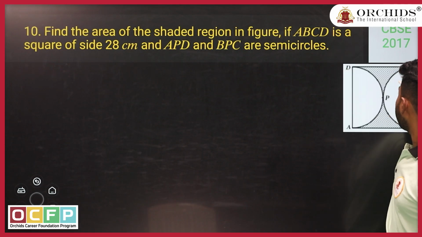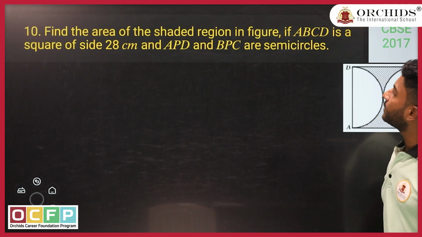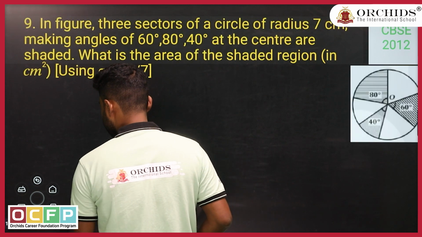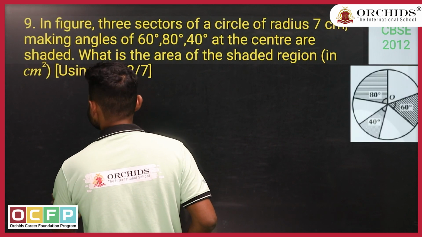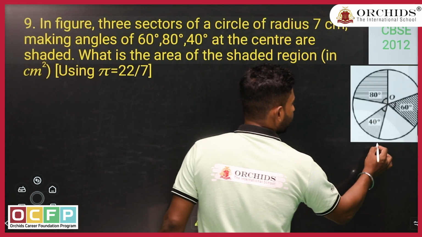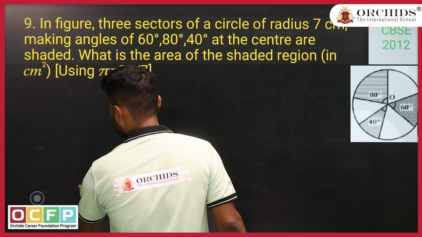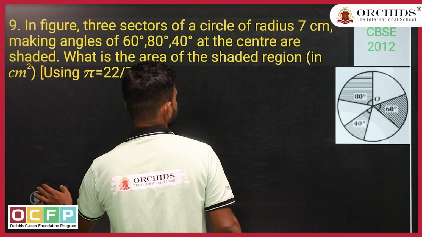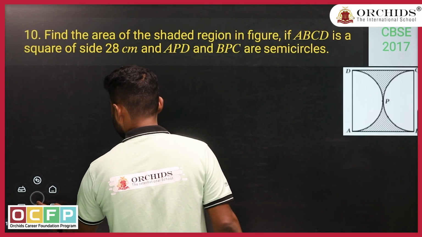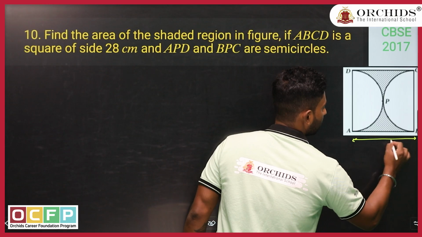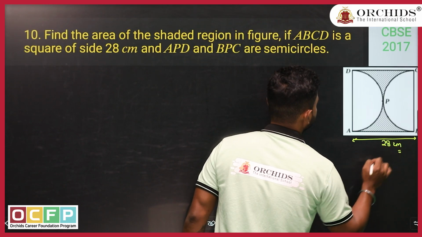Square, so this one is a square and the side is given, side is 28. So this side is 28 centimeter given. Fine.